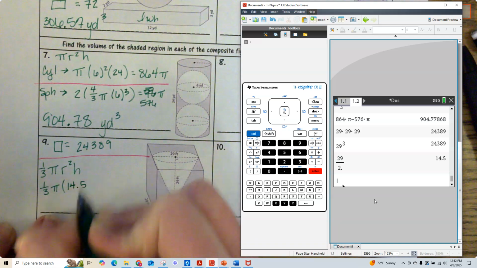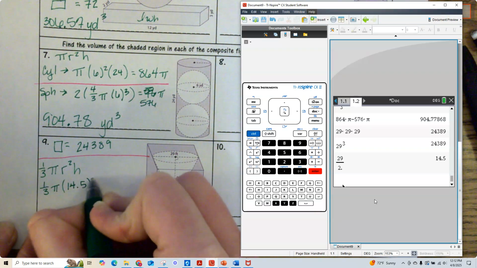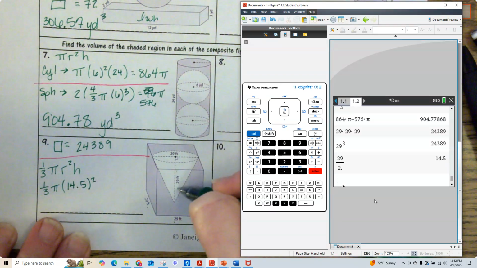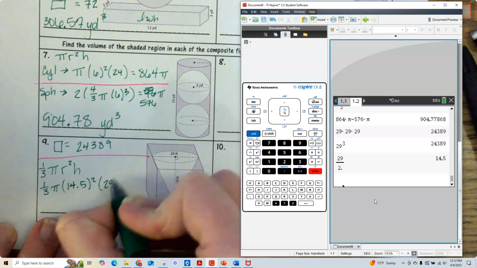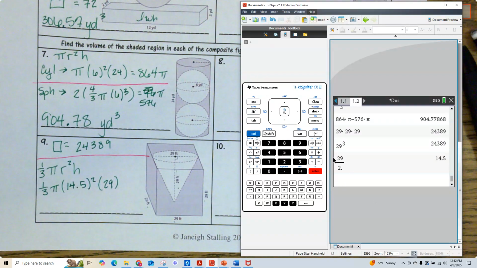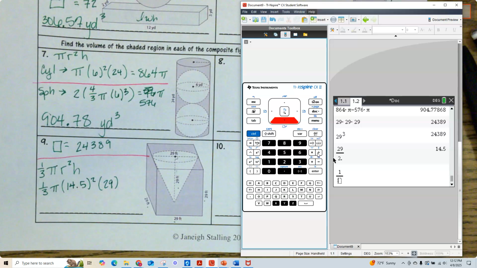I like making a decimal there because it's just easier to work with when I have to go back and type it in. Height is 29. So again, I'm going to ignore the pi for a second. All right, 14.5 squared times the height of 29. Ugh, that one's really gross.